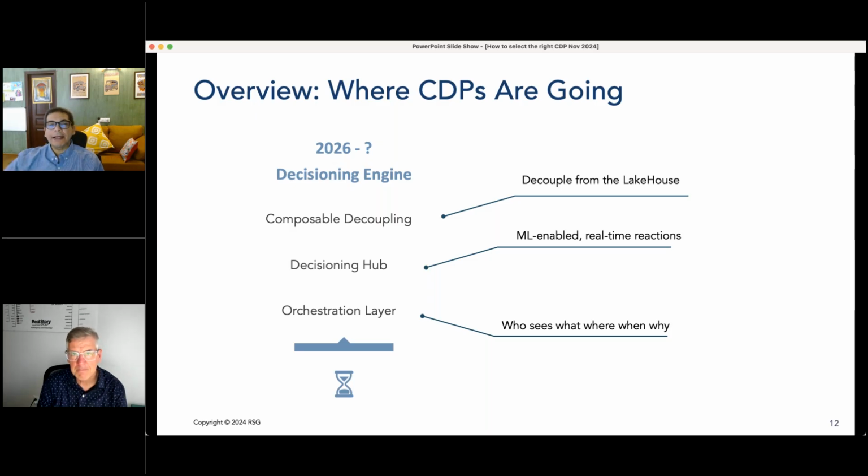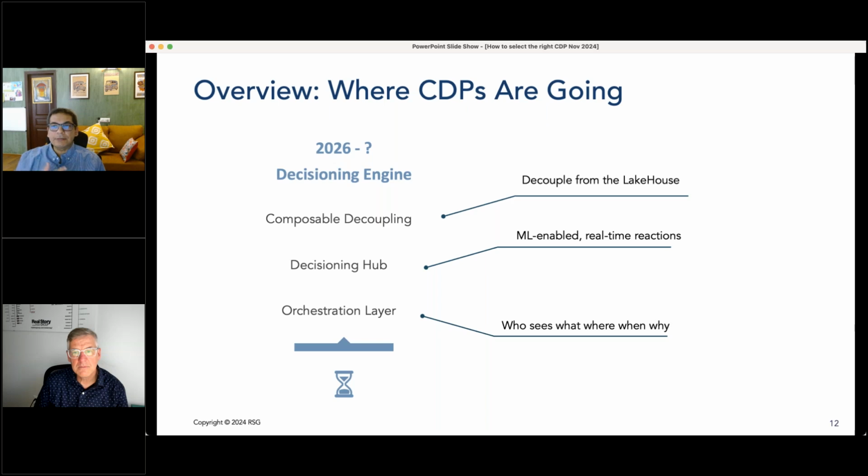And the third aspect here is extending the decisioning engine to orchestration layers, right? So CDPs as an orchestration layer in figuring out who sees what, where, when, and why. So that's moving beyond decisioning. CDPs are likely to act as orchestration layers that enable much more granular control over customer interactions across channels.